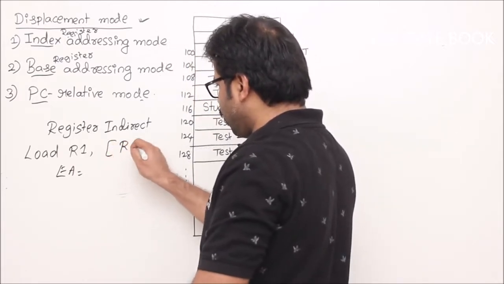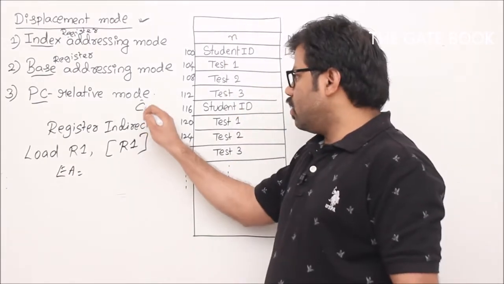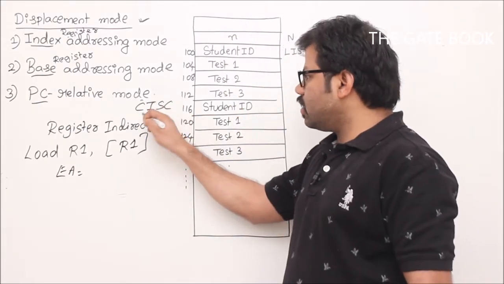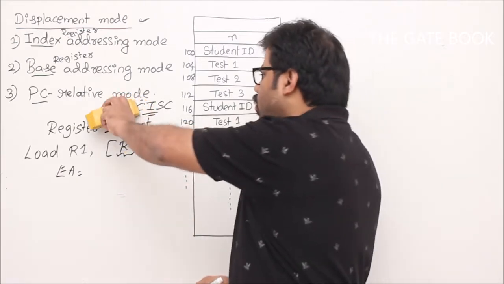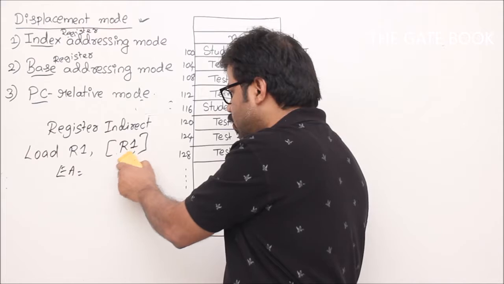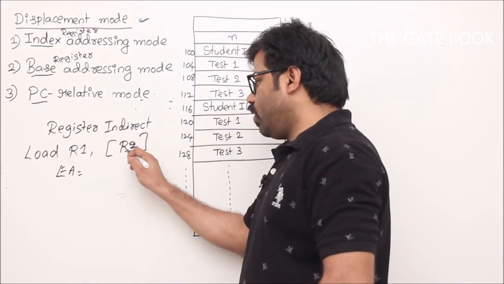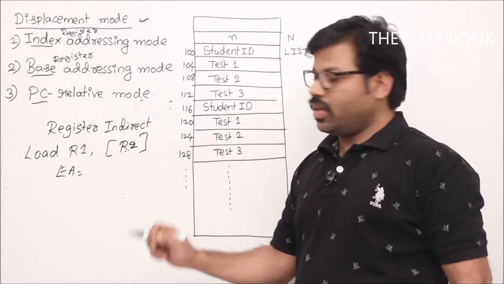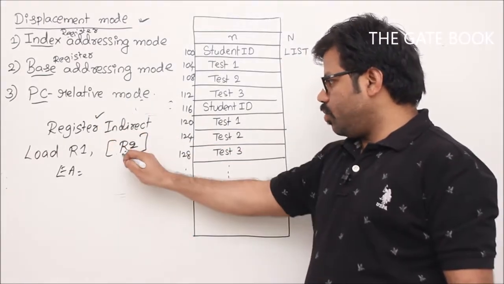We write like this, some other register. Already I told you, in some of the CISC instruction set architectures, we write the memory address also here. But in register indirect, this should be another register. Let us take R2. We don't specify the memory address here, remember. That is memory indirect. Now I am talking about register indirect. In that, this should be a register.